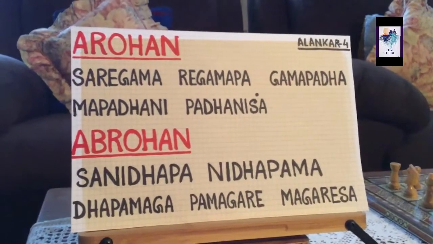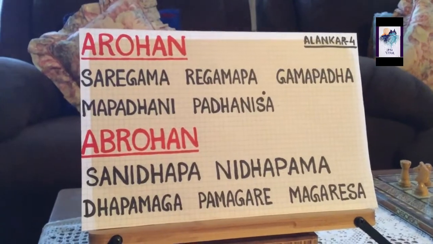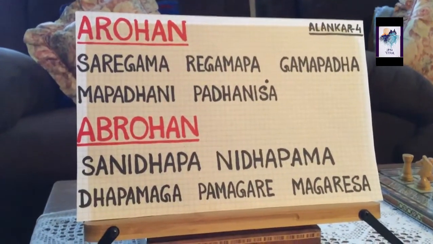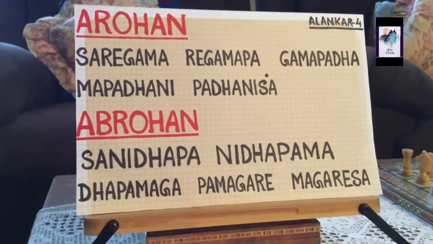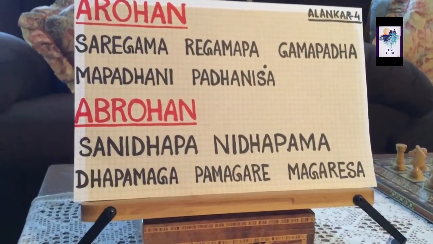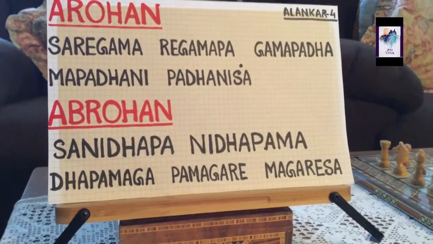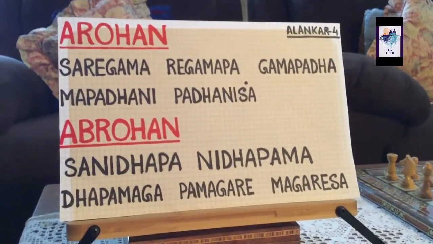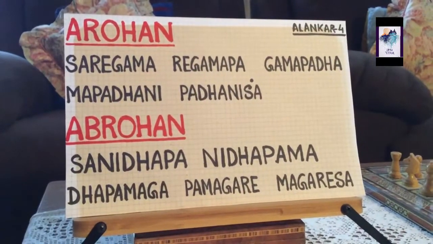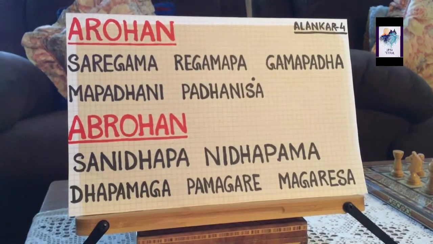Alankar number 4. Arohan: sa re ga ma, re ga ma pa, ga ma pa dha, ma pa dha ni, pa dha ni sa. Avarohan: sa ni dha pa, ni dha pa ma, ga re sa. Now you tell me, there are two mistakes. Two mistakes I have done. I have to correct it.